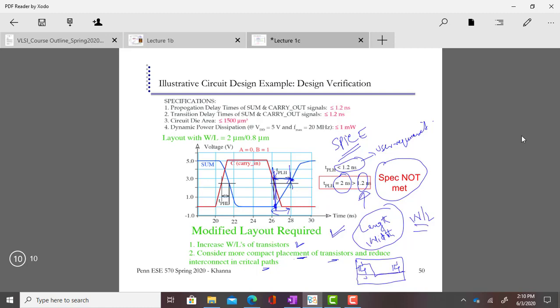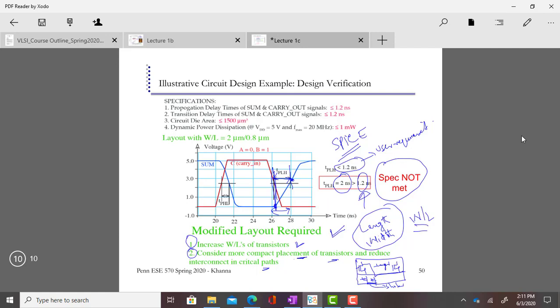Maybe if you put one transistor here and one very close to it, they can be very efficiently connected. So here the path is longer, here the path is shorter. And again, all this is inside the layout. The transistor placement is also inside the layout.